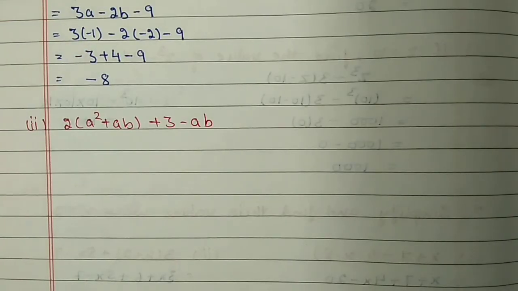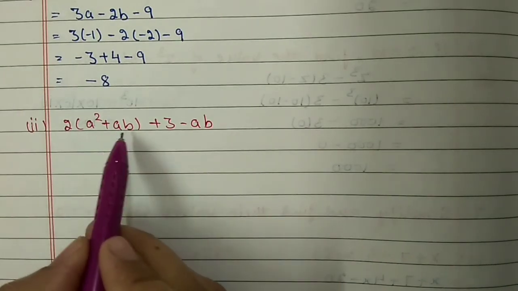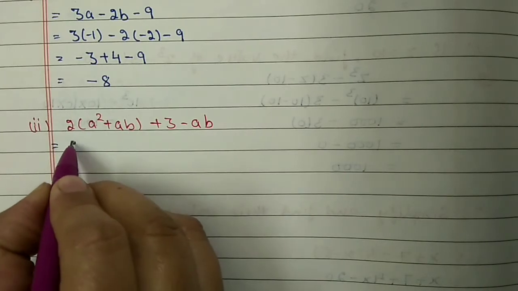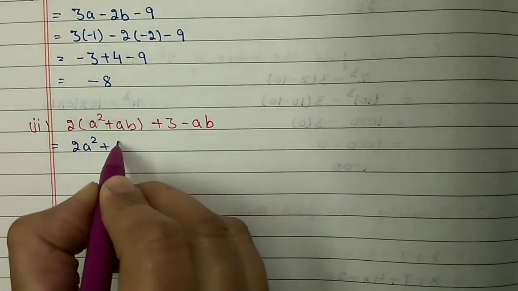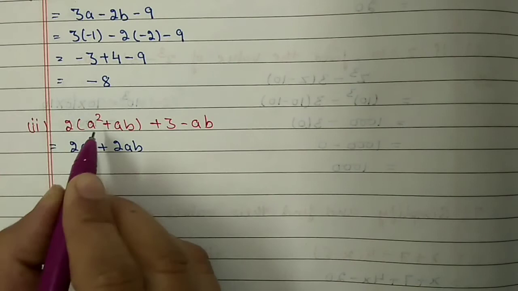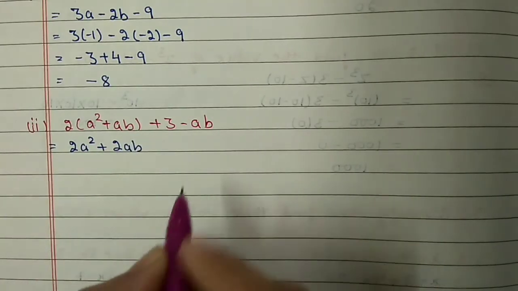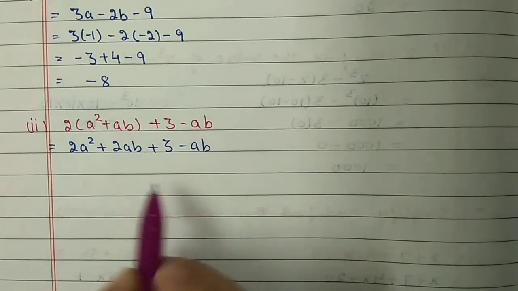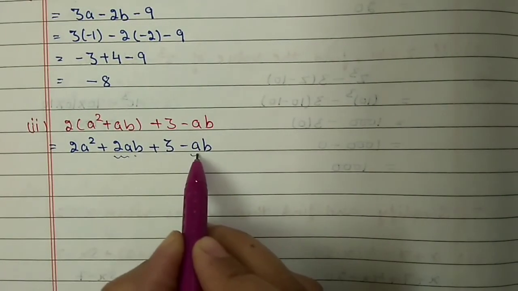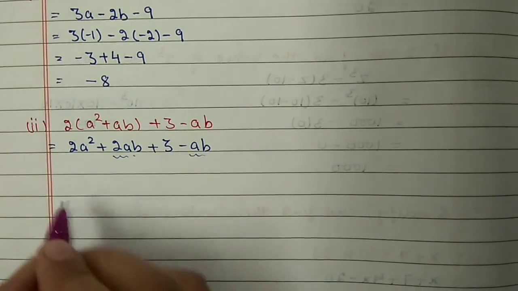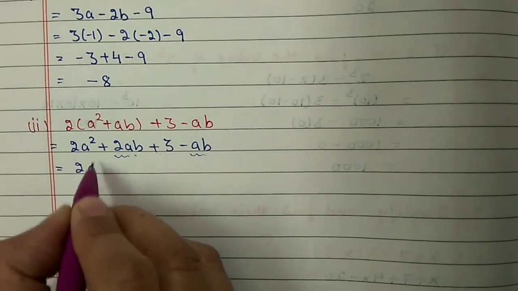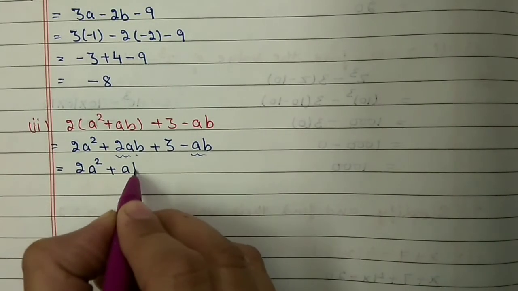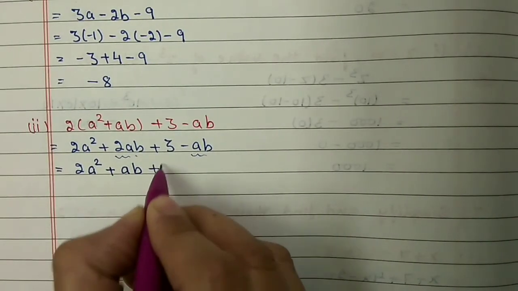Second part of question number 8. 2a square plus a into b plus 3 minus ab. So first we will remove this bracket. It will become 2a square plus 2ab. This 2 we have to multiply with the first term and then with the second term. This last thing is as it is. Now simplify the like terms. This ab and this ab. 2ab minus 1ab. And this 2a square is as it is. 2ab minus 1ab will become 1ab, which we can write as ab, and plus 3 as it is.